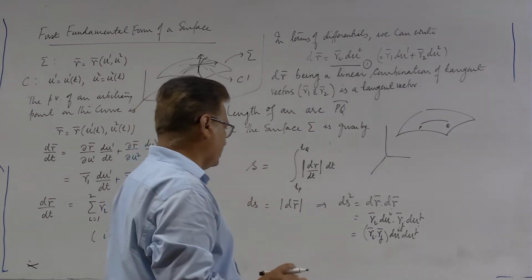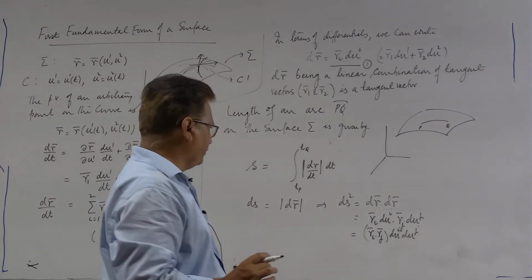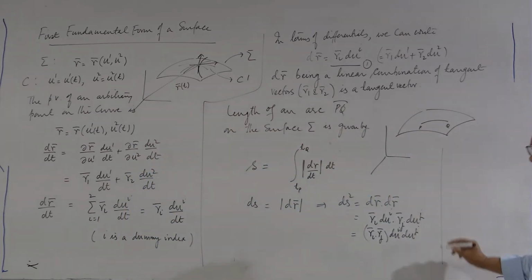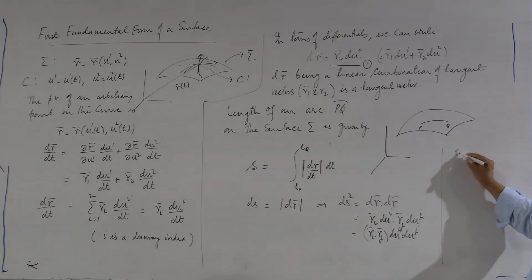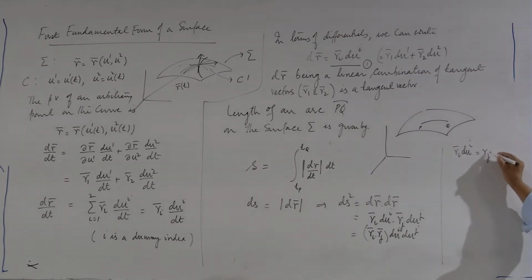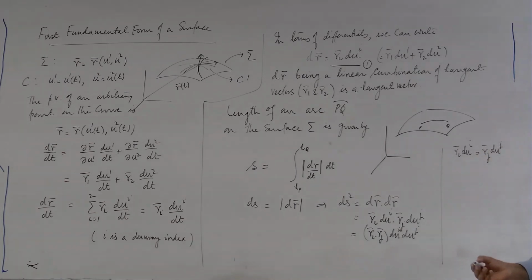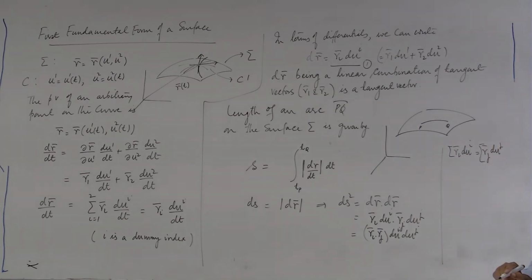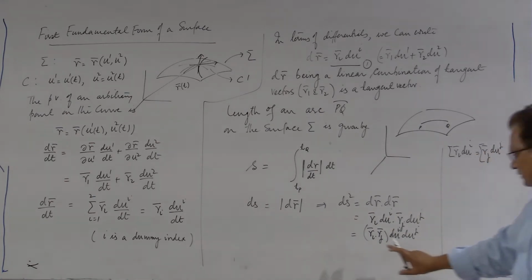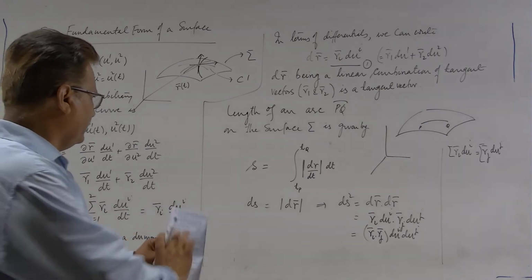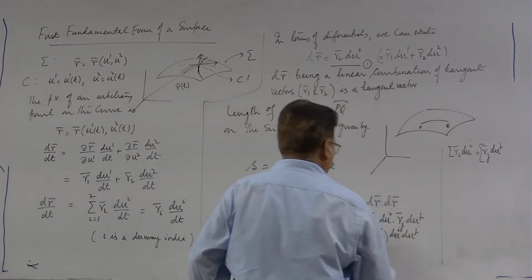One more point to keep in mind with regard to the summation convention: if I write r_i dui or r_j duj, they are the same, because there is a summation which I am not writing. So whether the index is i or j does not matter. Just to distinguish the two, we write different indices here.